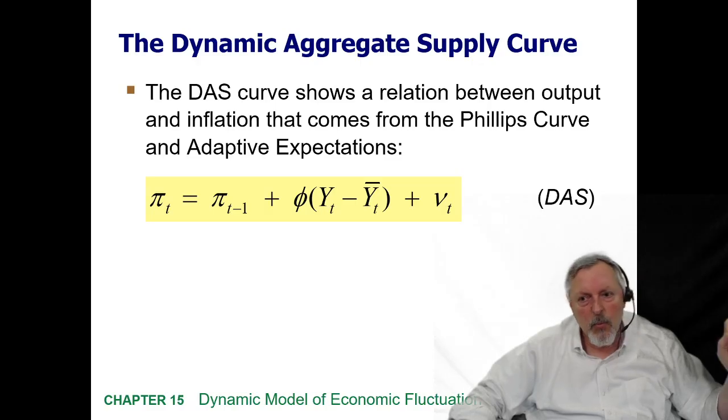To model the economy, we need both dynamic equivalents of aggregate demand and supply. This is just the Phillips curve with lagged inflation substituted in for expected inflation. So that's dynamic aggregate supply.